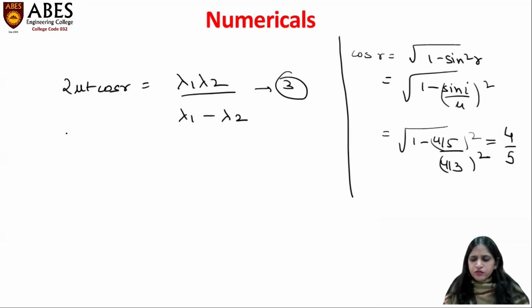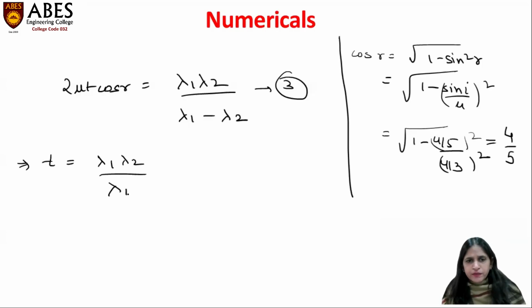Now we can put the value of cos r. Finally, we have to calculate the thickness. So t equals lambda 1 lambda 2 upon lambda 1 minus lambda 2, times 1 upon 2 mu cos r.